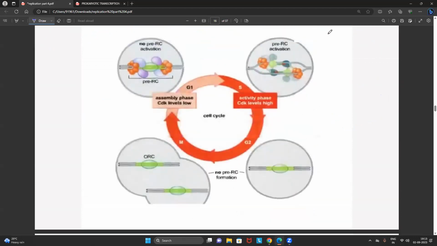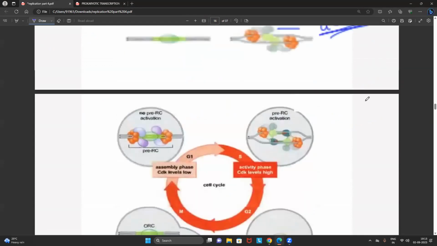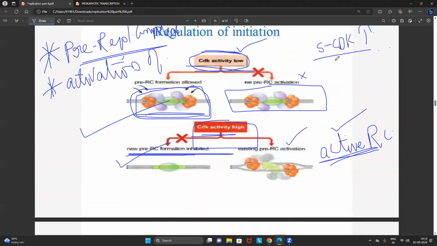And for the exam point of view, you all have to remember, in which phase of the cell cycle is the CDK level low? Is it the G1 phase or the S phase? Undoubtedly, the CDK level is absolutely low in the G1 phase.